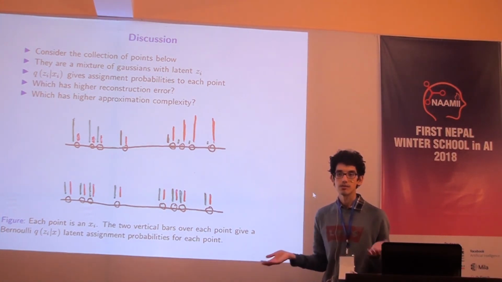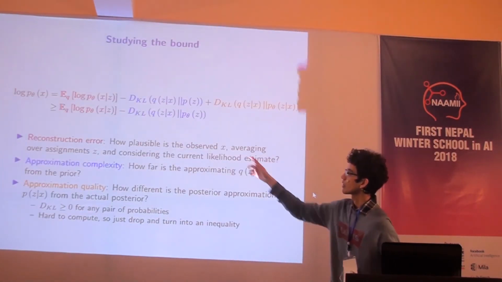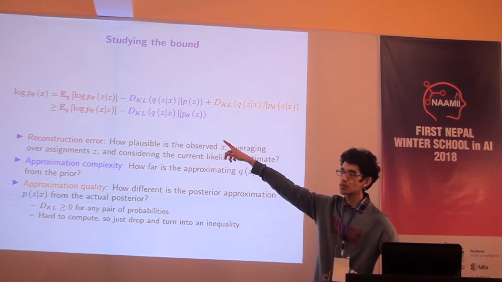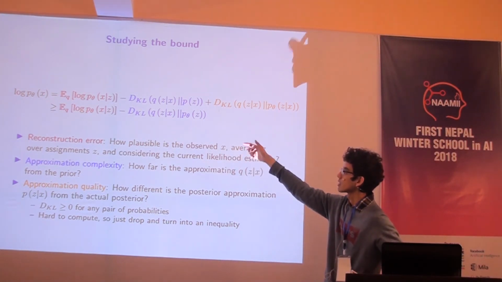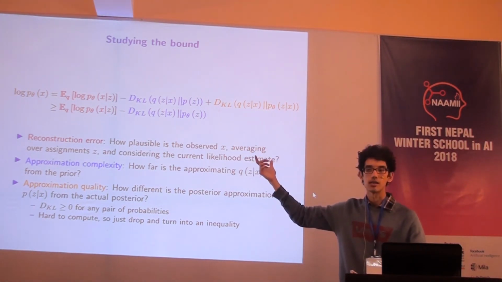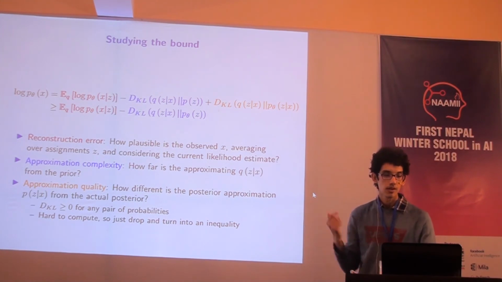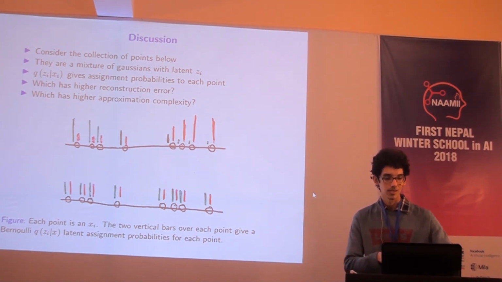Basically, in which of these do you have a higher expectation of log p theta x given z, and in which do you have a smaller distance from your prior, or lower complexity? I'll let you discuss this for a few minutes, and then I will listen to your explanations. Maybe discuss with your neighbors.